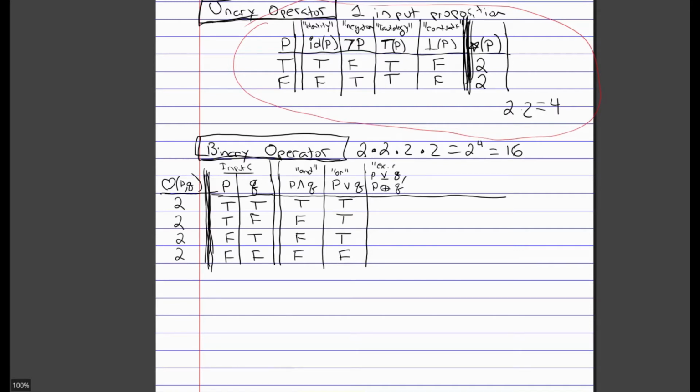So exclusive OR is what I'm writing here in parentheses, but the main idea is that this is very, very similar to the OR operation introduced before, but it takes a true value only if one of the statements is true and the other statement is false, and vice versa. So if they're both true, the exclusive OR statement is false, and if they're both false, the exclusive OR statement is false.